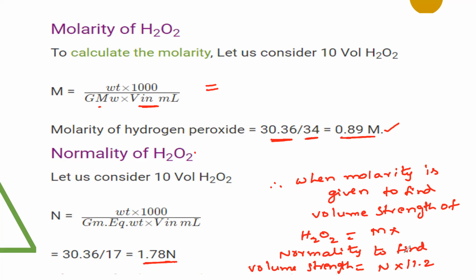In this way, we will calculate normality and volume strength of hydrogen peroxide using molarity and normality. So 30% is perhydrol. 30% strength of 100 volume hydrogen peroxide is called perhydrol. Let us see questions based on this, how to calculate.